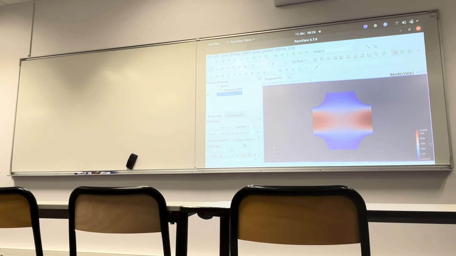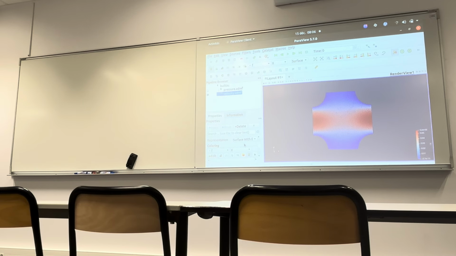Probably not everything is definitely clear, but I hope that the structure is reasonably understandable. So the idea is that from that script you get the solution of the problem on this periodic cell for the two unknowns, the velocity and the pressure.